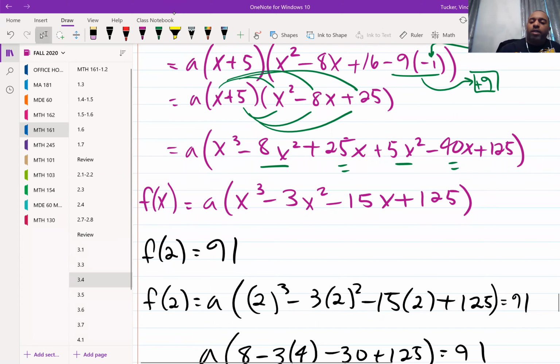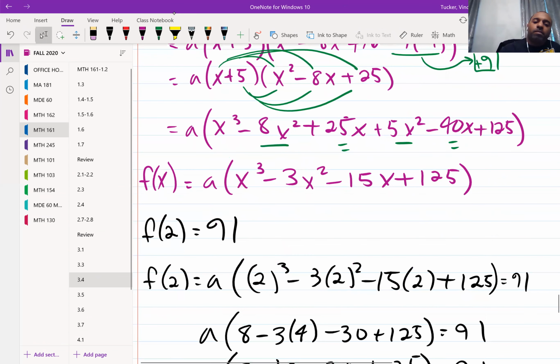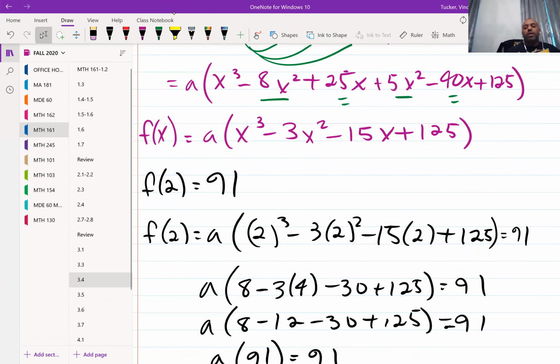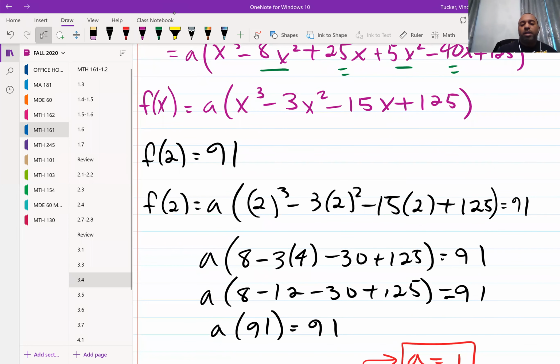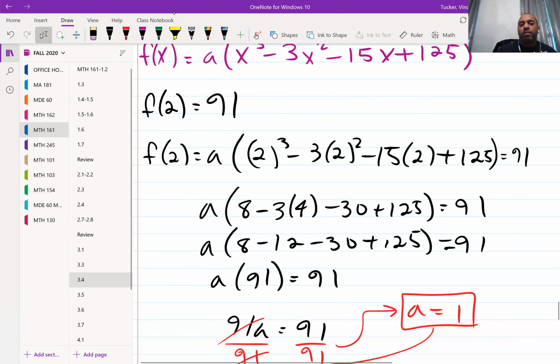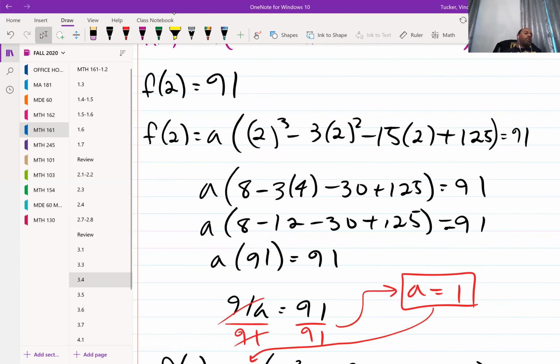And we're supposed to have it equal out to 91. So that's 8 minus 3 times 4 minus 30 plus 125. Reduce that all the way down. That'll be 91. So to solve for a, you would divide both sides by 91, and a is just equal to 1.